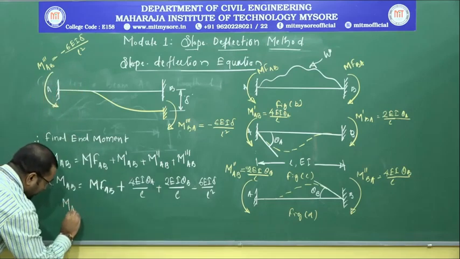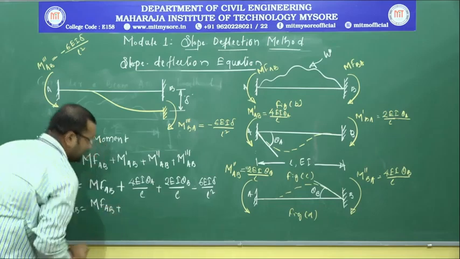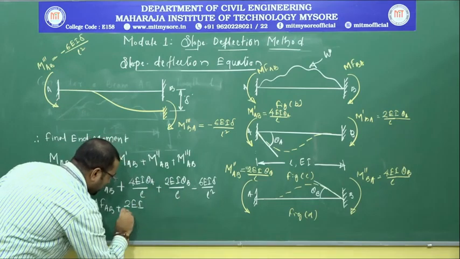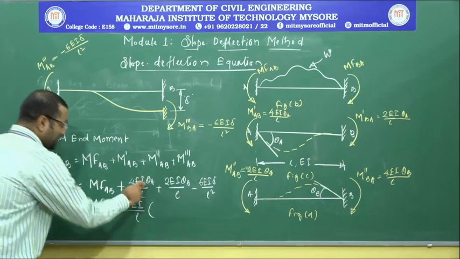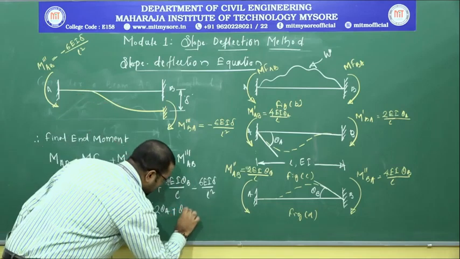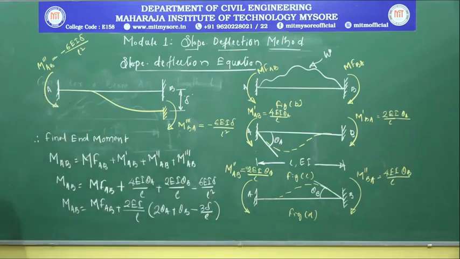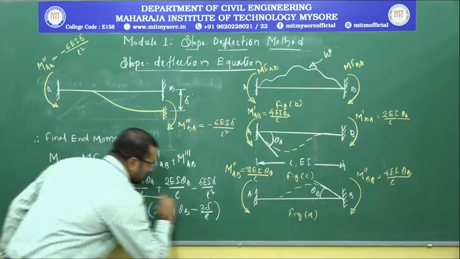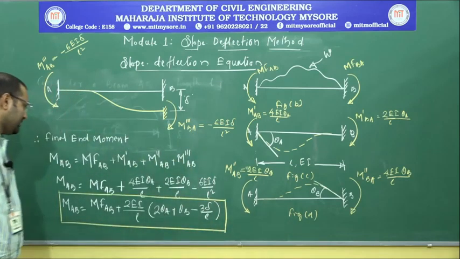So MAB is equal to MFAB as it is, plus I take 2 EI by L as common factor, so I remain with 2 theta A plus theta B minus 3 delta by L. So this is the standard generalized equation to determine the bending moment at A, that is MAB.